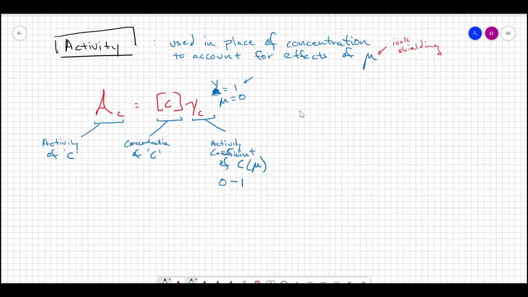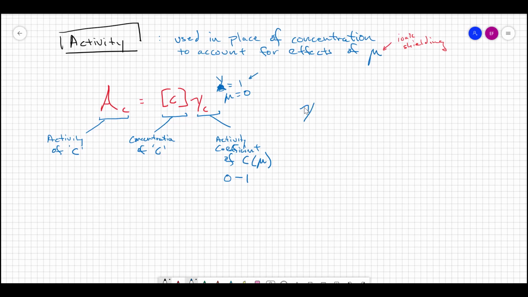Another way to think about it is that gamma, the activity coefficient, is really a proxy for the deviation of concentration from ideality, ideality being where activity and concentration are the same thing. So the smaller gamma gets, the larger the change in activity from concentration. Activity is the way the universe actually operates.